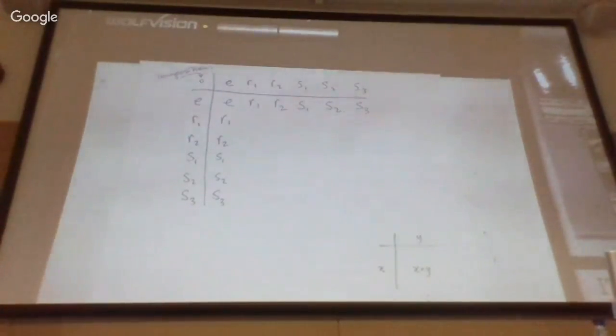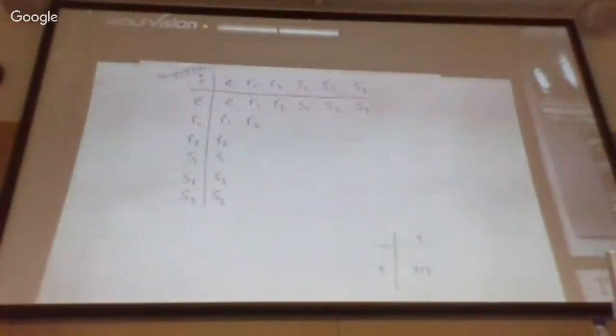It must be a symmetry, because rotating by R1 and then rotating by R1 again leaves the triangle unchanged. R2, exactly. You rotate by a third of a turn, follow that by a rotation by another third of a turn, you get rotation by 2/3 of a turn. R2 after R1.